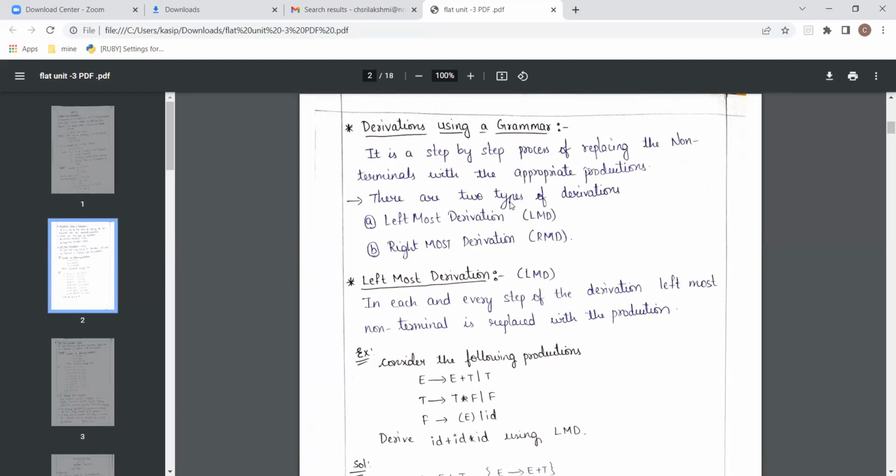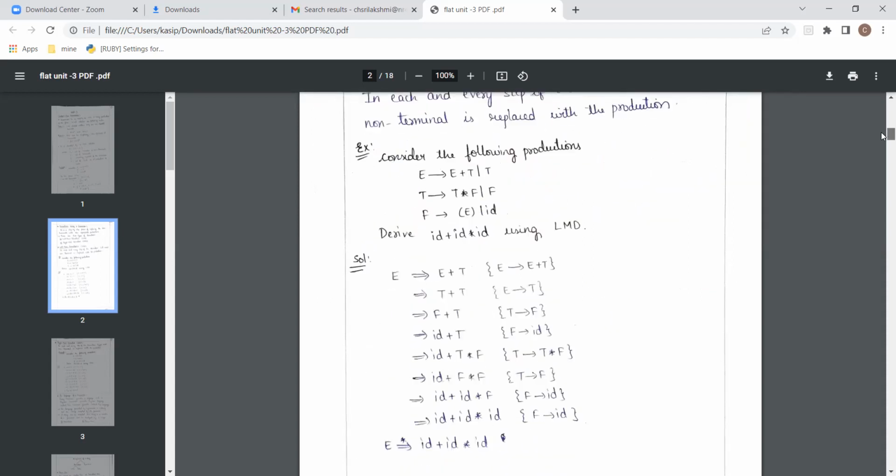Leftmost derivation means that from the left side, the non-terminal is replaced with the production. In each step of the derivation, the leftmost non-terminal is replaced with the production.